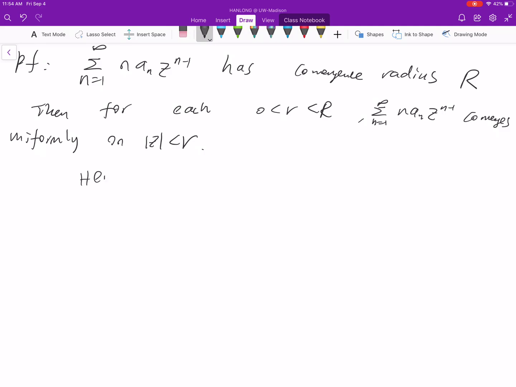Therefore, you can take the derivative term by term. So you have the following formula.